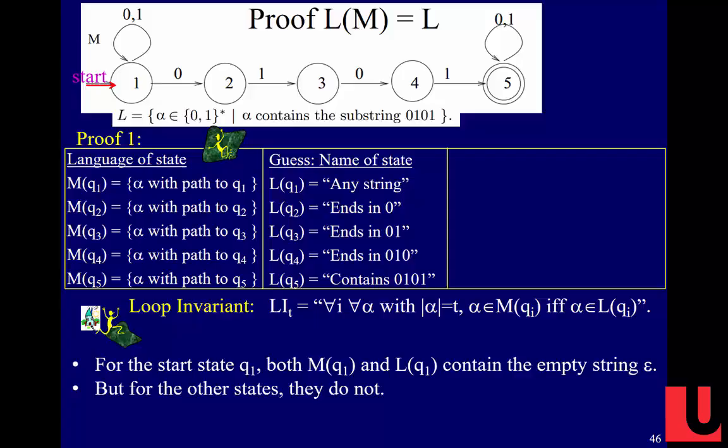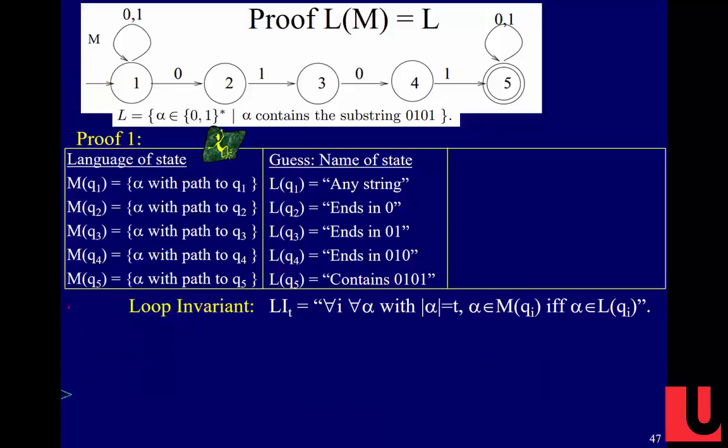But in this automaton, we don't have any epsilon transitions. So if you have the empty string, the only state that has a path for the empty string is the start state. This week we're going to cover these transitions. Everybody get this?